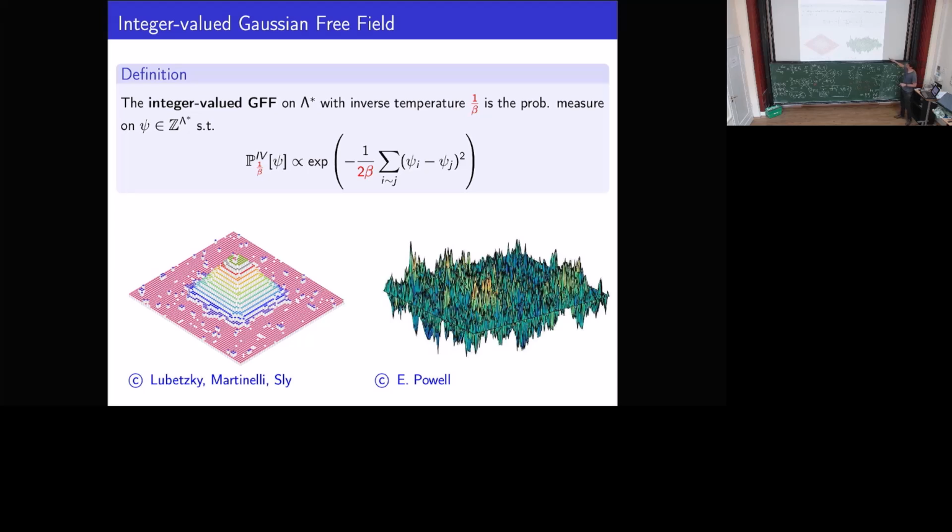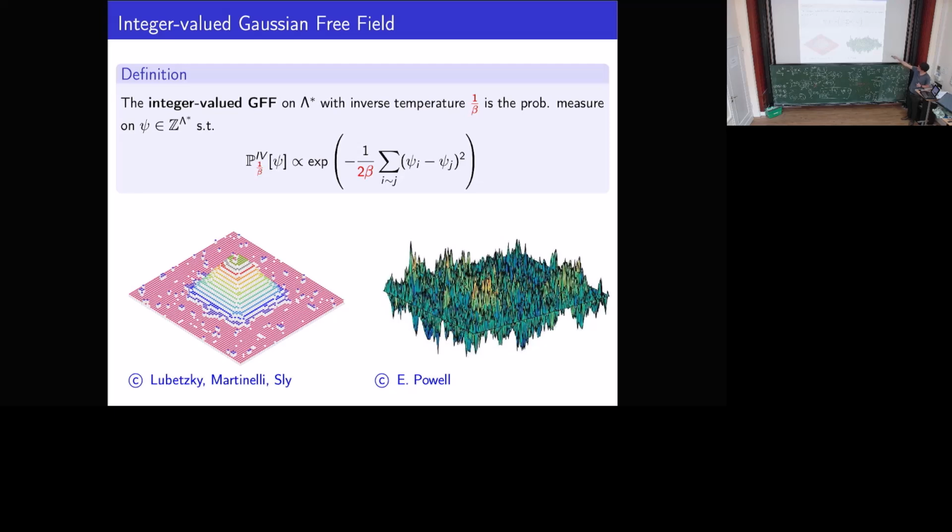So I've stolen two pictures here. One by Hélène, which is a beautiful picture of this measure when you relax the constraint that psi lives in Z. So here it would be phi lives in R. It's the GFF on an n by n grid. I don't know what n is. N is large.